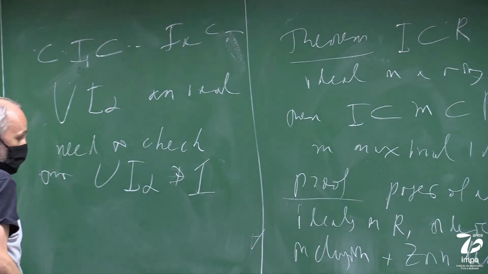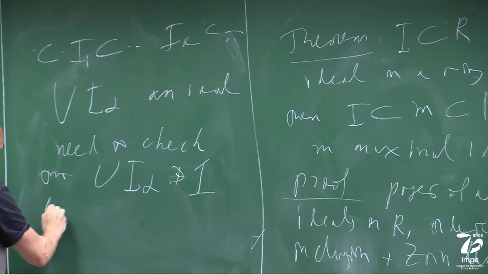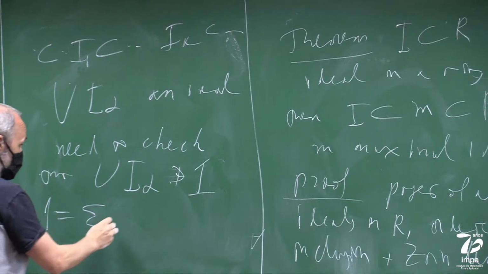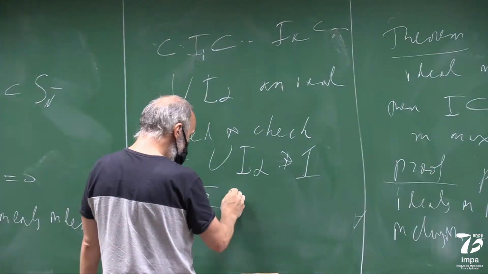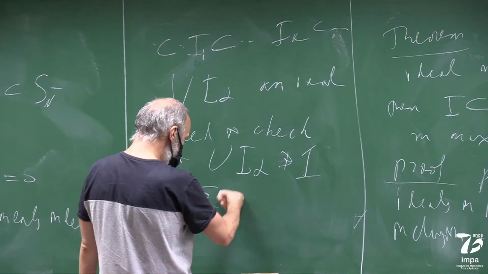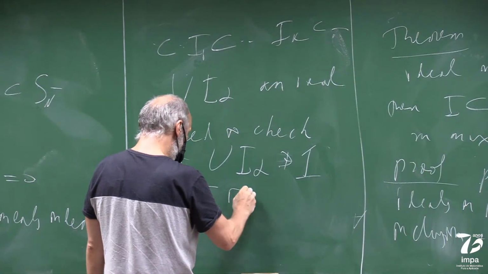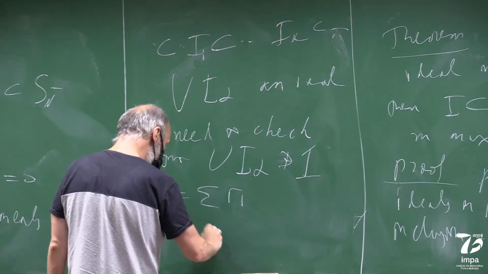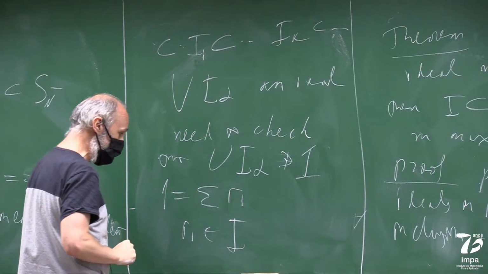This is what we need to check. But suppose it does contain unity. Then unity is equal to a sum of elements r_i, where the r_i belong to these ideals.